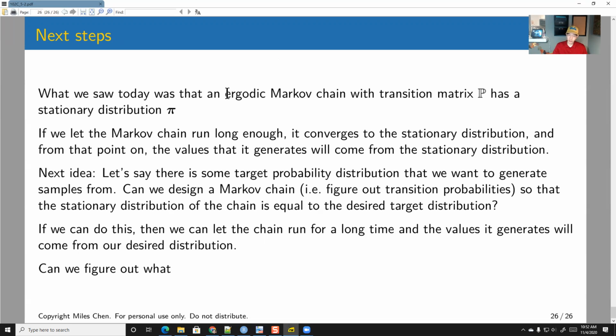Because we know an ergodic Markov chain is eventually going to generate values from a stationary distribution. You let it run long enough, it's going to converge to the stationary distribution. And so can we design the thing so that the stationary distribution is equal to the target distribution?